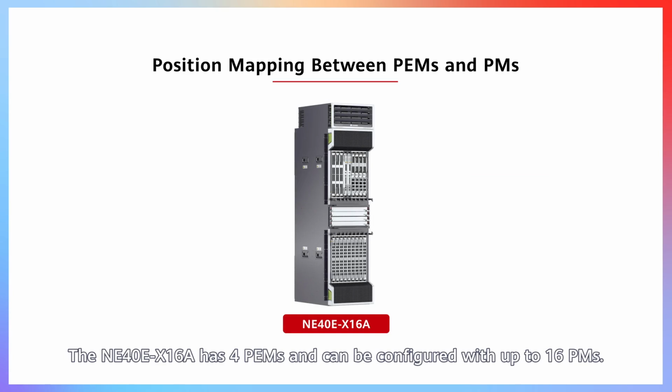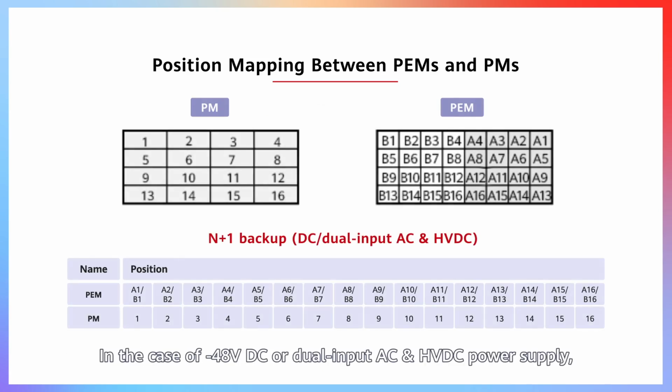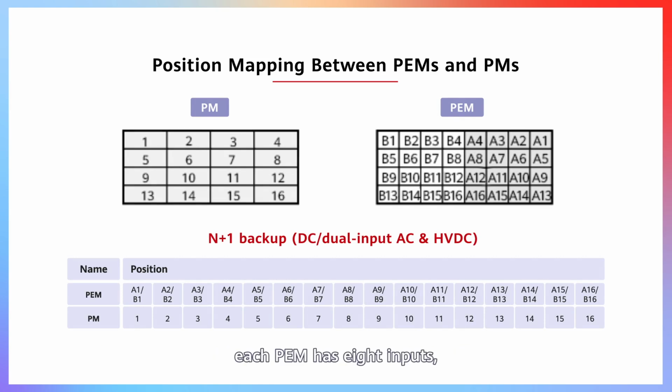The NE40E-X16A has 4 PEMs and can be configured with up to 16 PMs. In the case of -48-volt DC or dual input AC and HVDC power supply, each PM has 2 inputs, totaling 32 inputs, which are from power sources A and B, respectively.